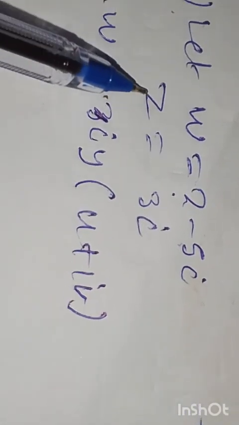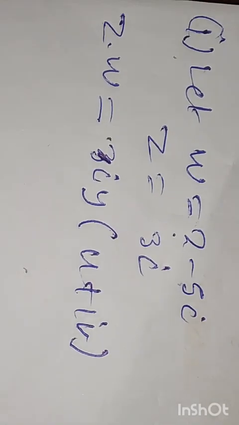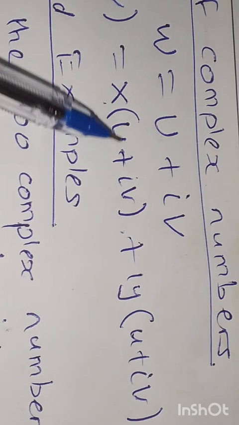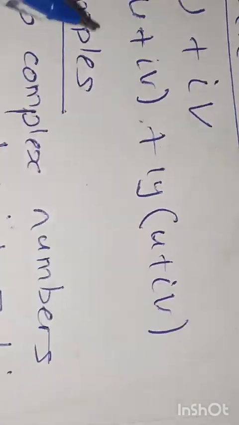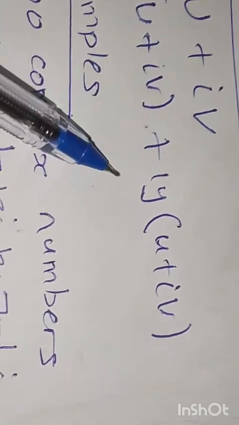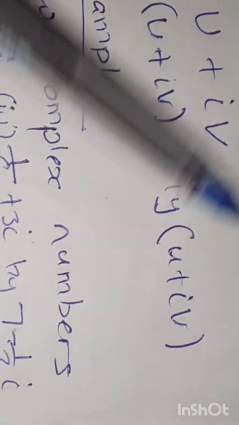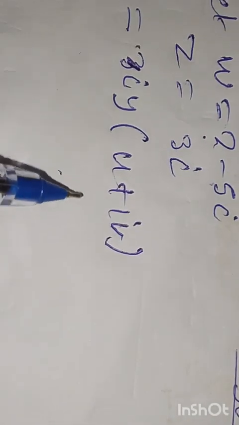Why have we just used this formula? Because z only has the imaginary part. So the real part here we're not going to use, because for z we don't have the real part. So we're just going to consider this part to be 0 plus this part here, which is iy multiplied by u plus iv.